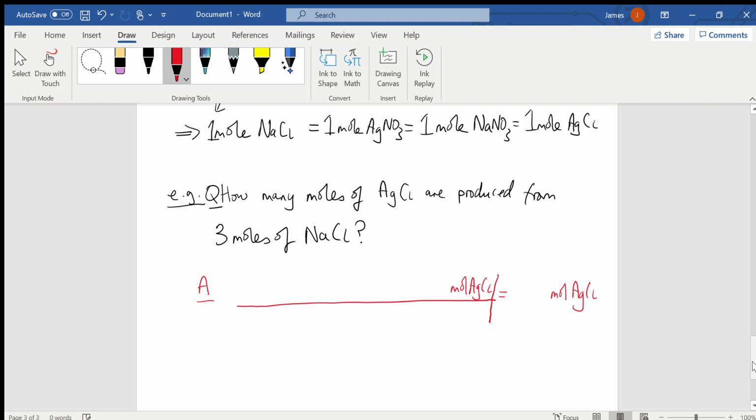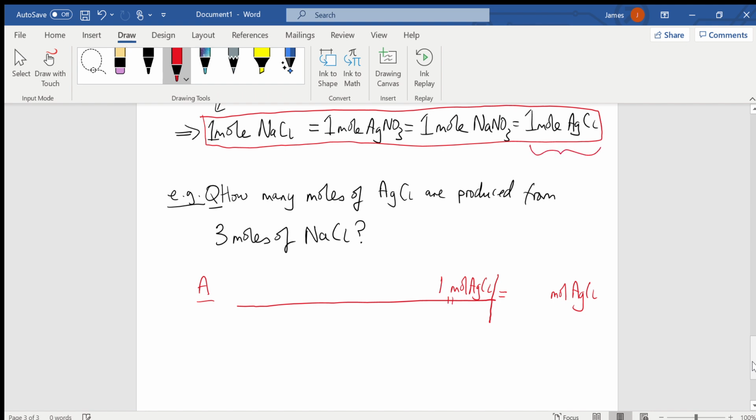And what do I know? Well, I know from this mole ratio that I have 1 mole of AgCl, and I need to set that equal to something.